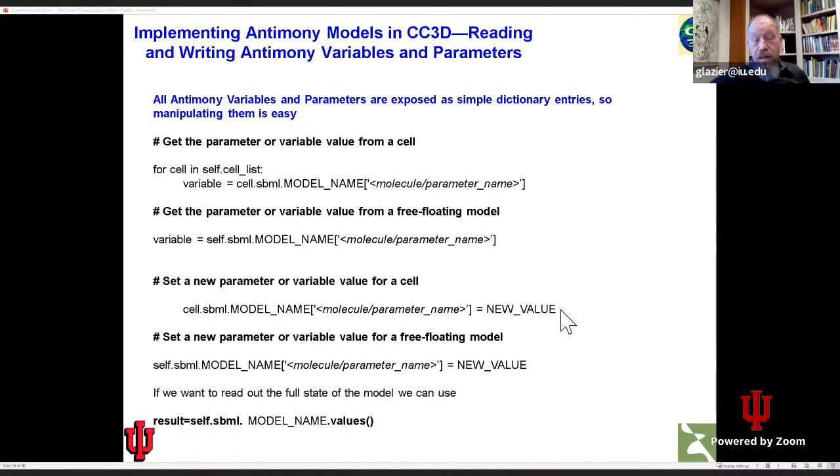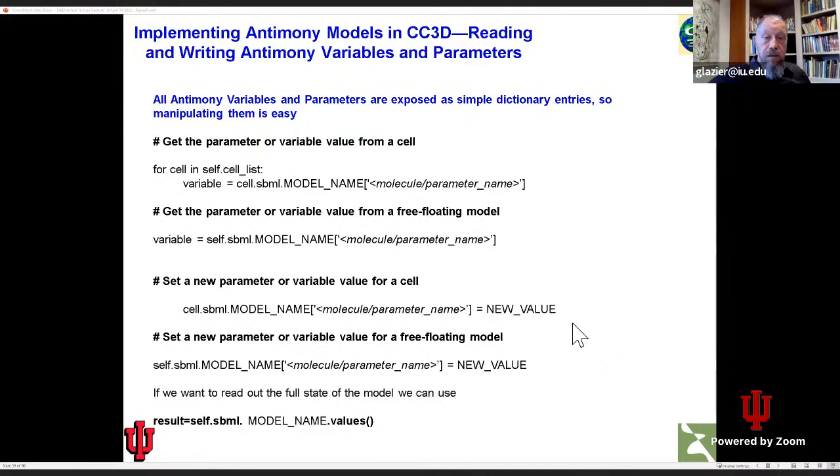We don't have to do a get and a set. In the old days, we did. These days, they're dictionary entries like anything else. They can be read and written too. If the model belongs to the simulation as a whole, not to the cell, it's self dot, but the syntax is otherwise identical. I can say variable equals, if I'm reading it out, cell.spml model name, species name equals value to set the value.